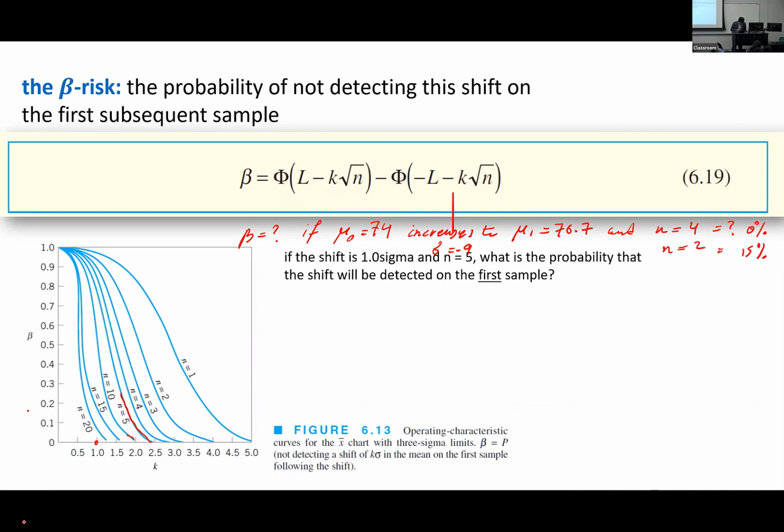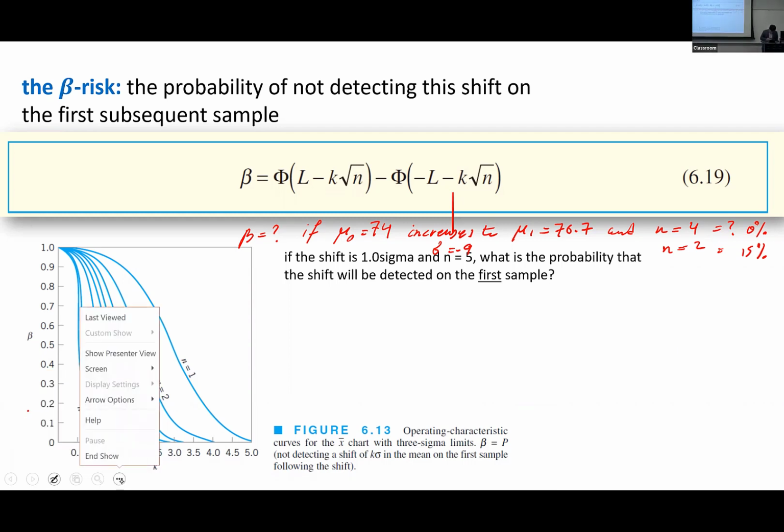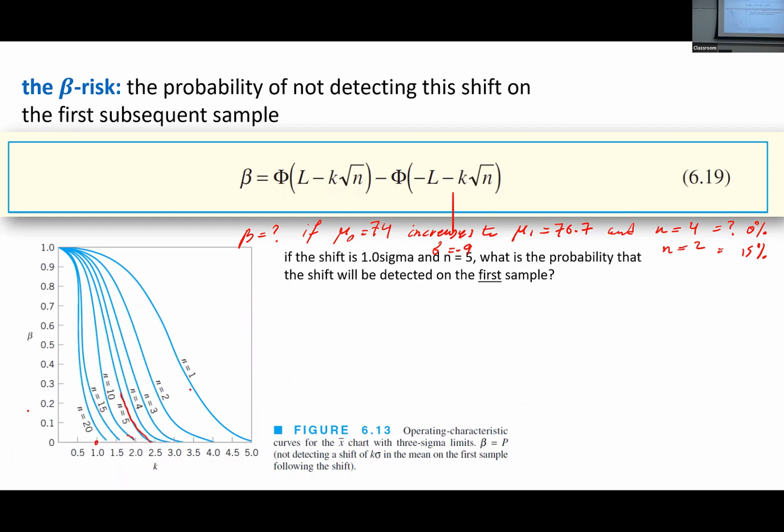I wish I had a ruler. Anyways, I'll do my best. So that corresponds to K equals 1. N is 5. So wherever these two lines meet, here, that corresponds to like 0.85.